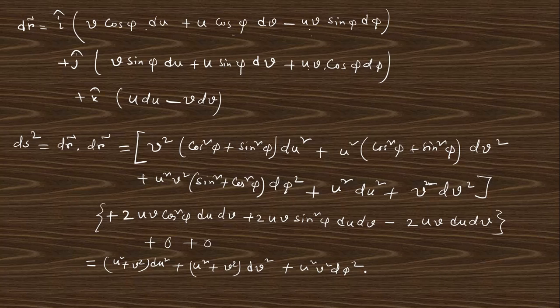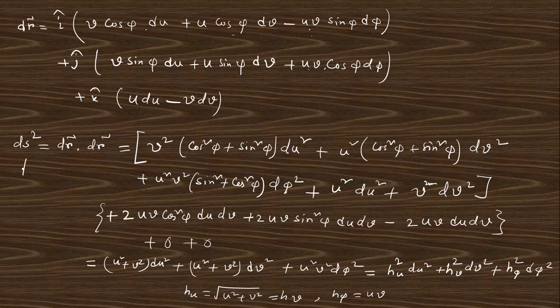square. So this is nothing but hu square du square, and this is hv square dv square, and this is h phi square d phi square. So you can say hu is nothing but root under u square plus v square, that will be equal to hv, and h phi equals uv.